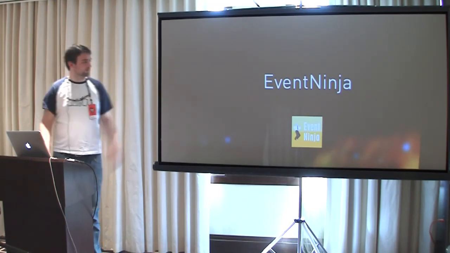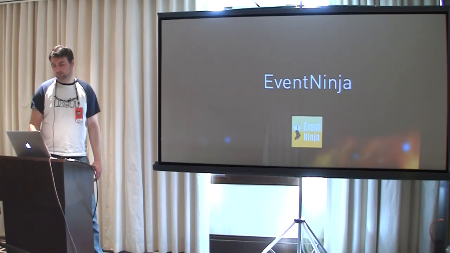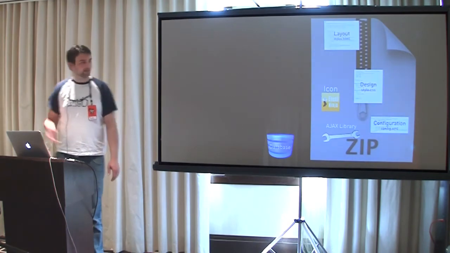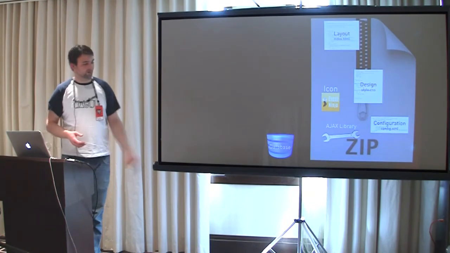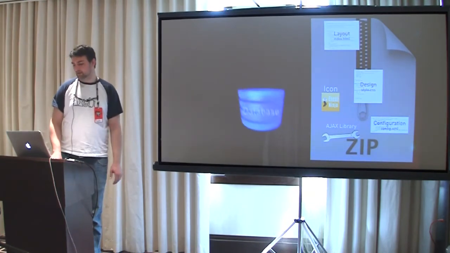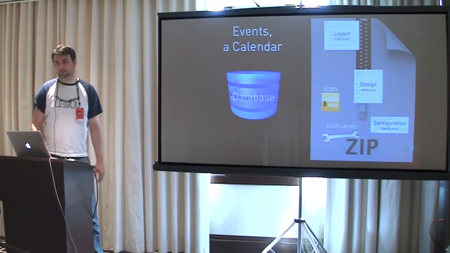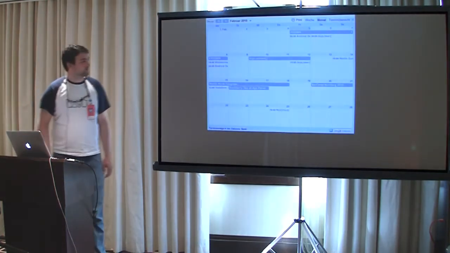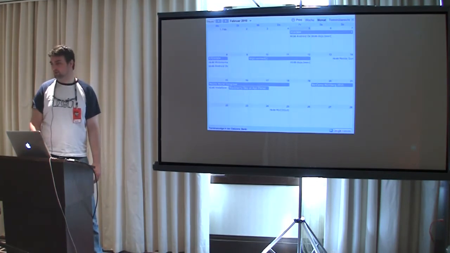Now I will talk a little bit about our application, Event Ninja, and show you how we built it and what the focus was. Once again, the W3C widget standard, and we have an external database. In our external database, we saved the events that we show in our application. And here you see it's basically just a Google Calendar that we chose.